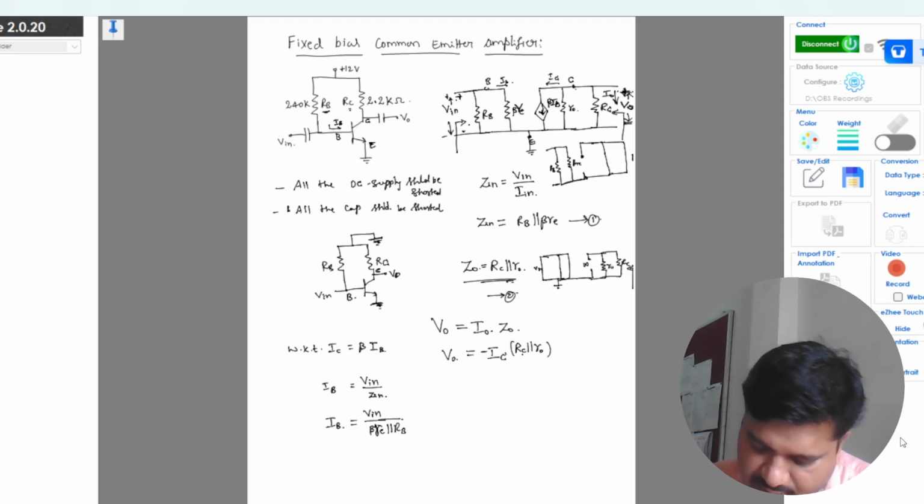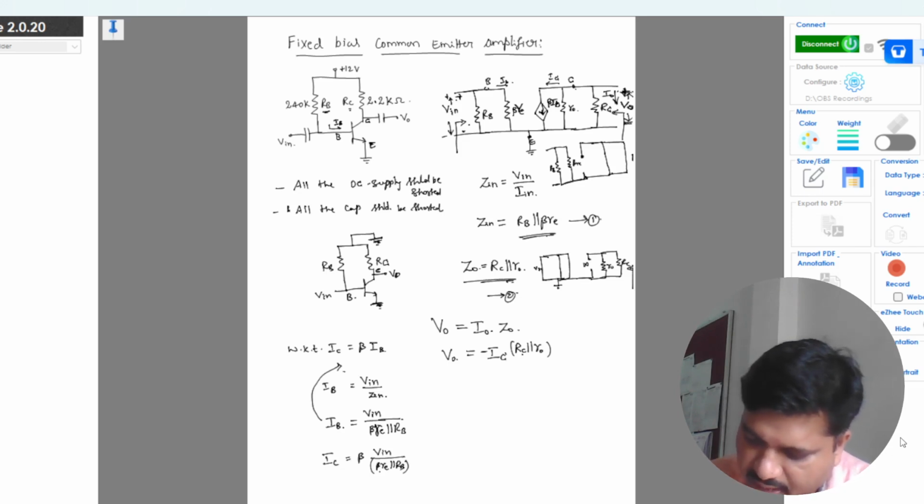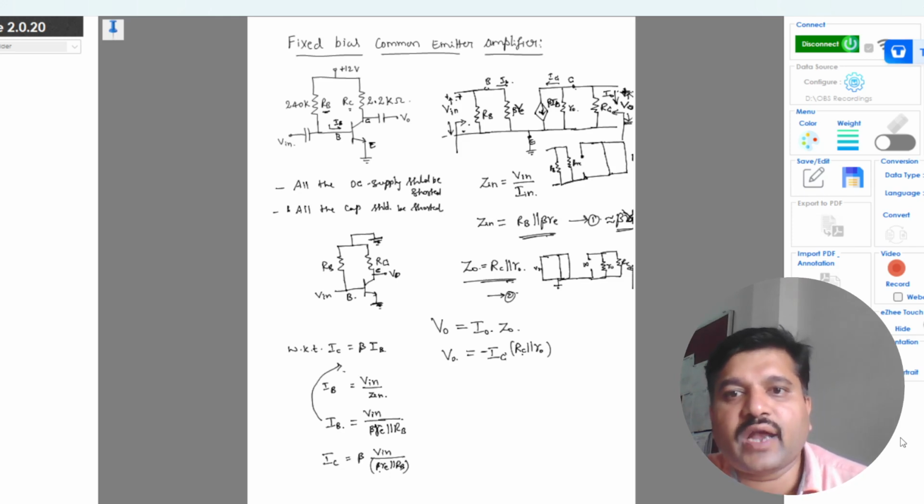Substituting here, you get IC equals beta times Vin by beta RE parallel with RB. The input impedance will be approximately equal to beta RE, because the value of RE is anyhow small, being an equivalent of the diode resistance.